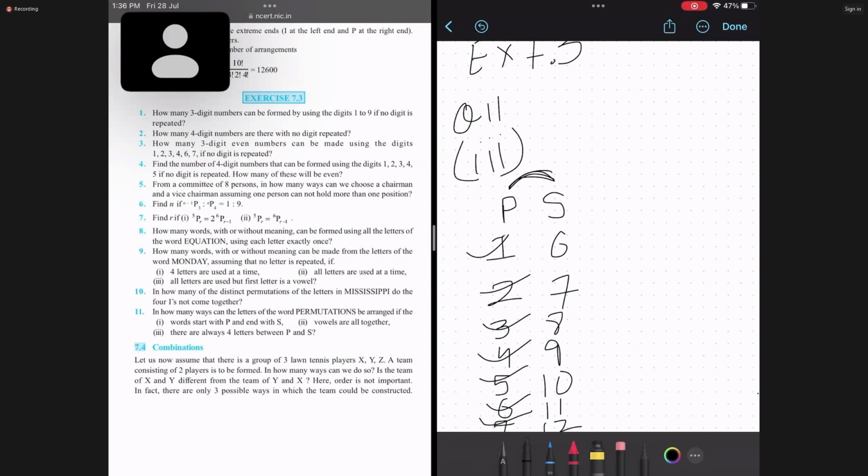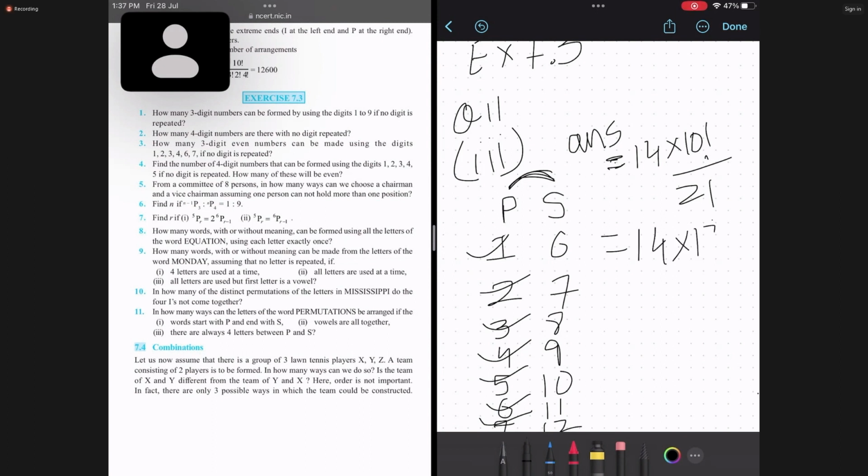Correct? So we have the answer as 14, the number of ways you can fill in P and S, into 10 factorial, because the number of letters and positions left is 10, divided by 2 factorial, because you need to keep in mind the repeating T also. Correct? So we have 14 into 10 factorial divided by 2.